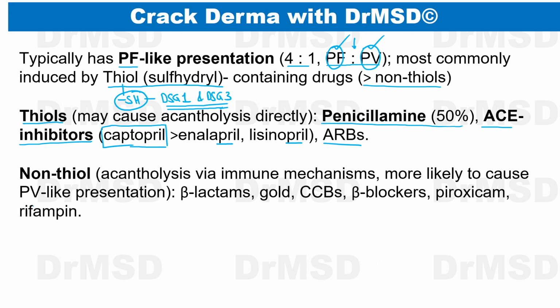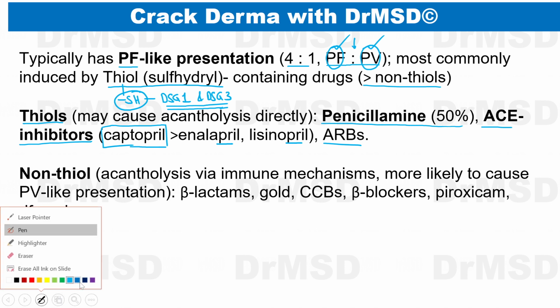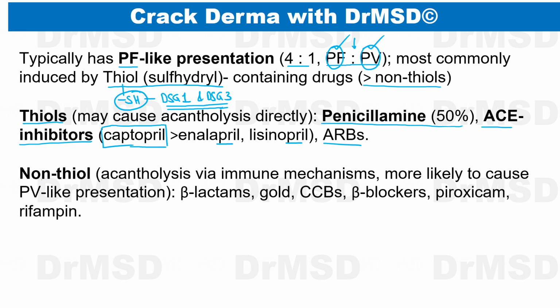In the non-thiol group, the most important example, which I am going to underline, is rifampicin. So for the exam, the most important ones are penicillamine, the ACE inhibitor captopril, and rifampicin.